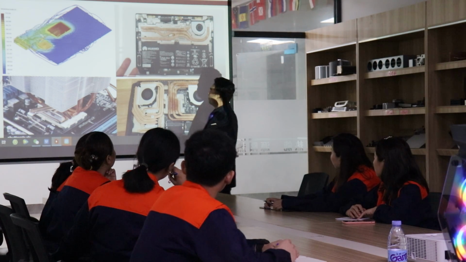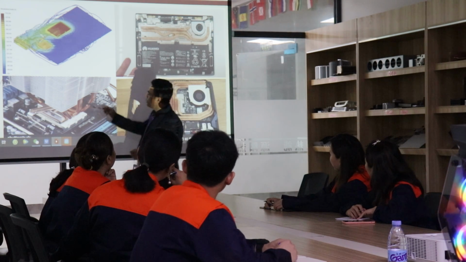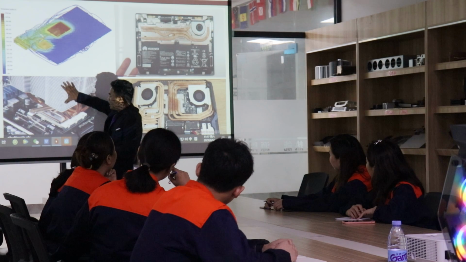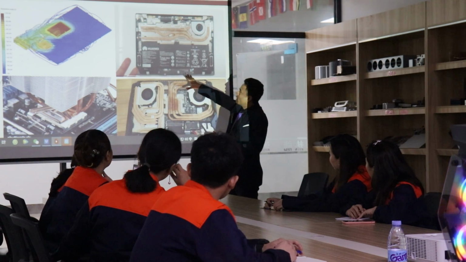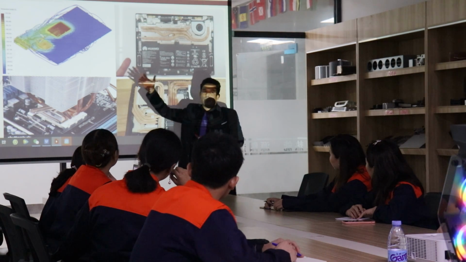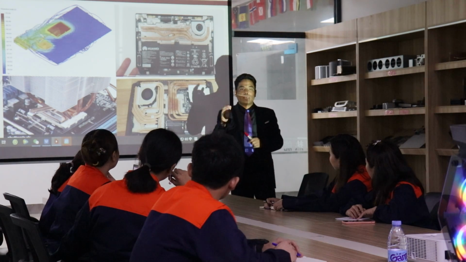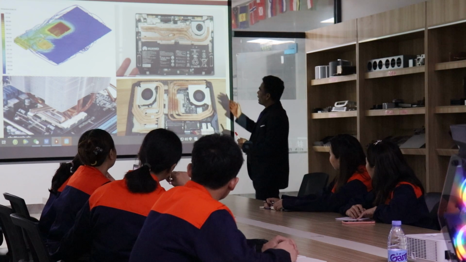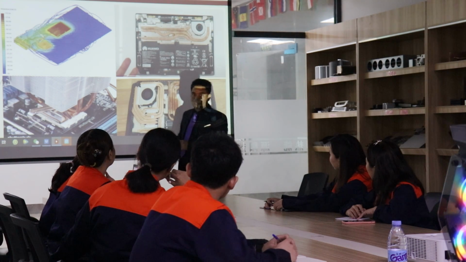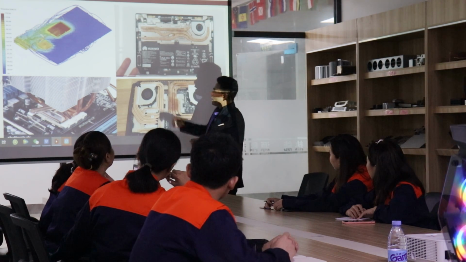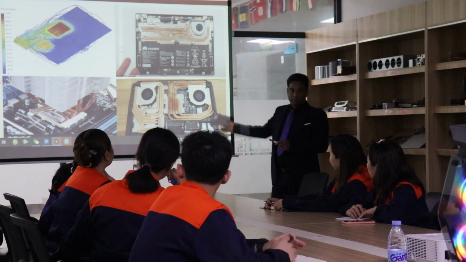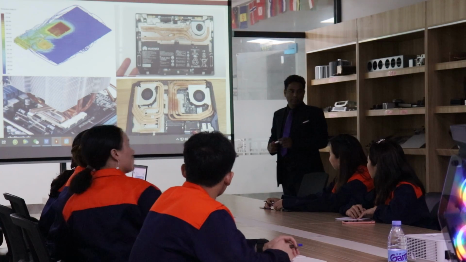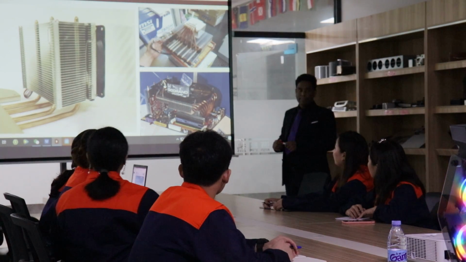Before, we saw only heat sink, but recently we use heat pipe. So this heat pipe makes computer life better. The cooling solution is the most effective way. And then next, you can show him the other part. Next.